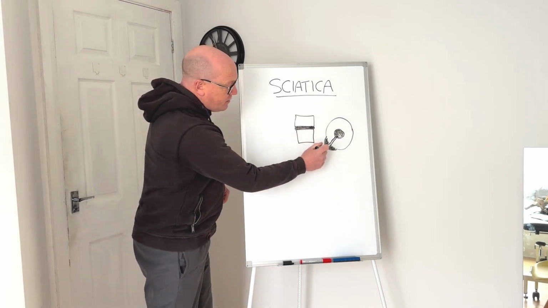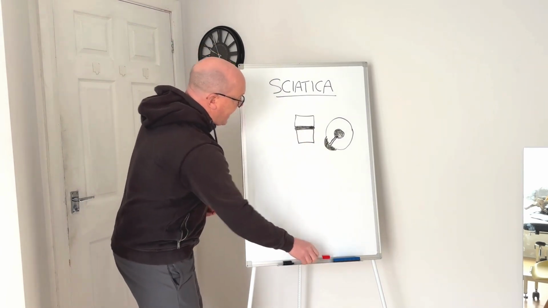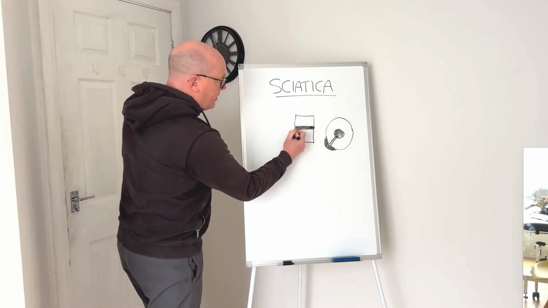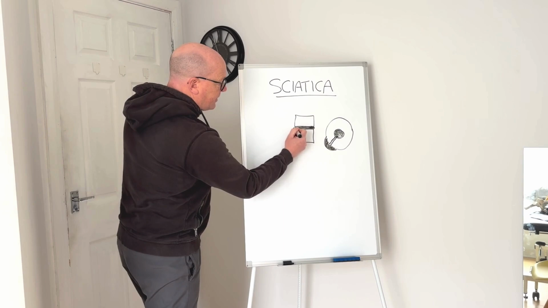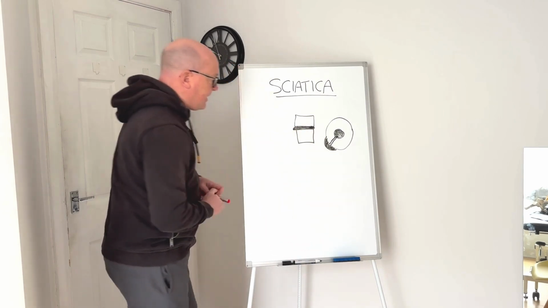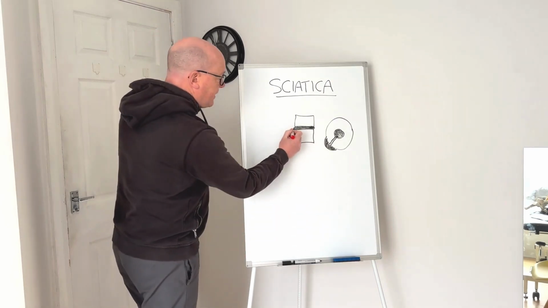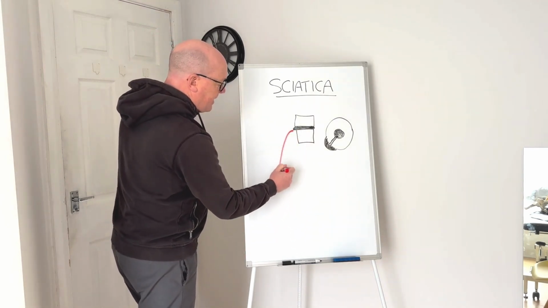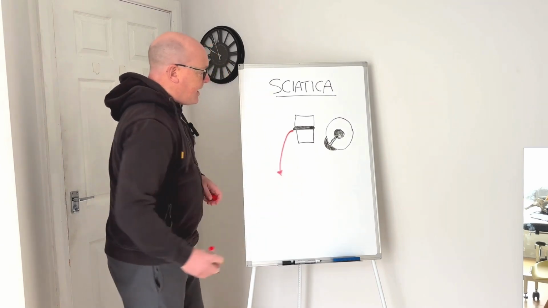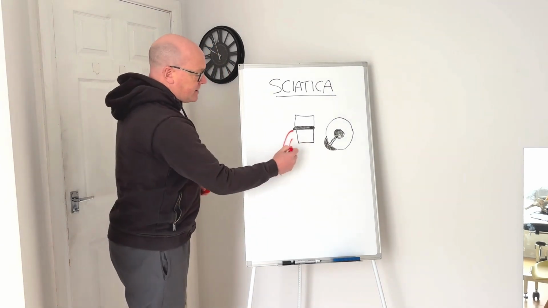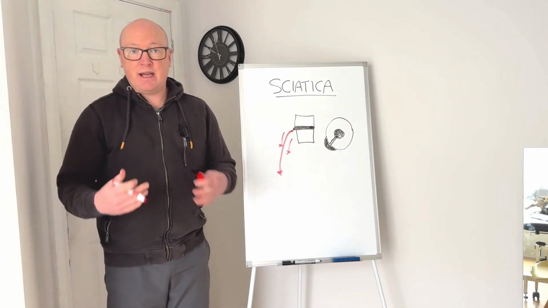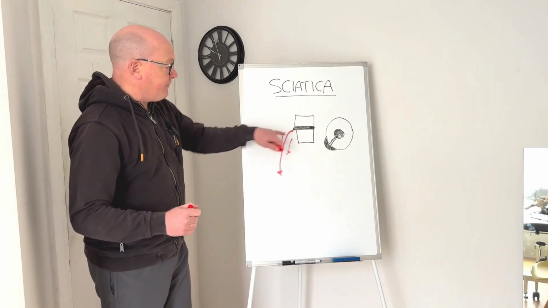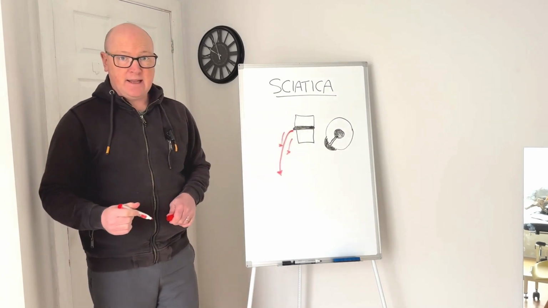And so this bulge out here can have an effect on the gap where the nerve comes out. If we've bulged out, and so the nerve comes out here, goes down the leg, and we get these alternate sensations which then basically cause pain to be experienced further down. But all our problem is in this area.